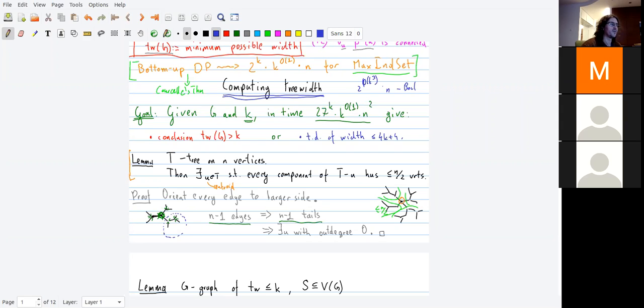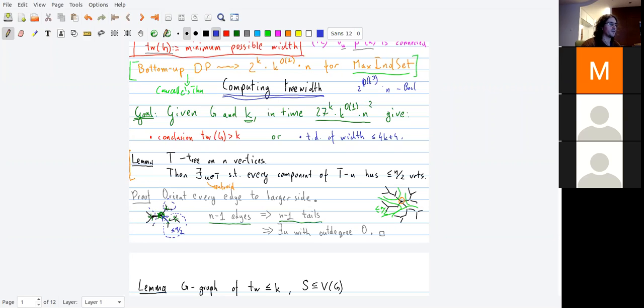Whenever I look at a connected component of the tree after removal of this vertex, I decided to orient this edge towards this vertex, which means that this part must have been the smaller part, in particular a part that has at most n over 2 vertices. Because every smaller part has at most half of the vertices, and similarly for all the other parts.